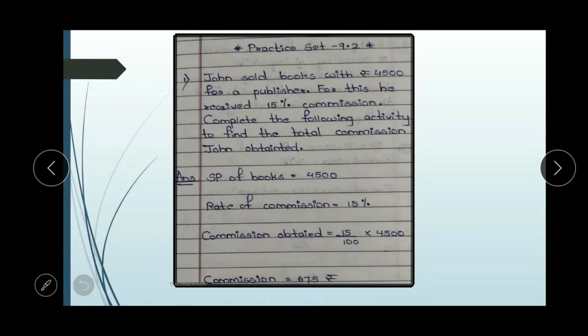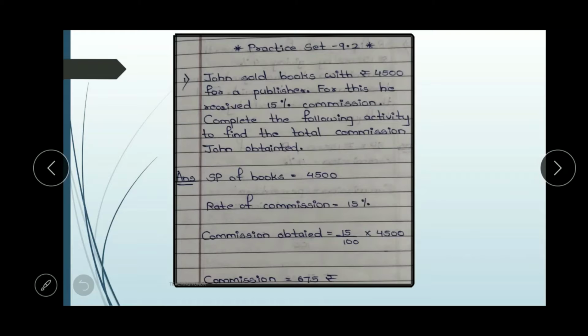You may have heard about this word agent. Those who want to buy the house collect information from the agents, and they communicate with each other. The agent gets some amount of money as a commission. Okay, this is what commission is known as.